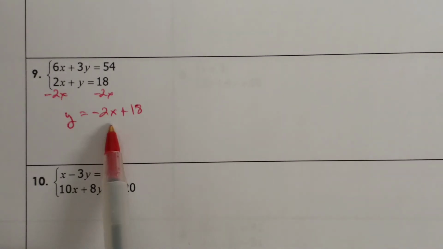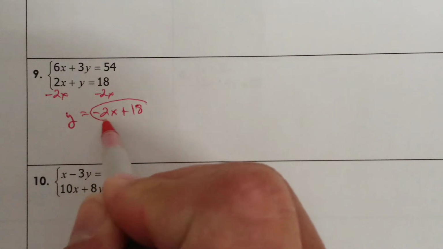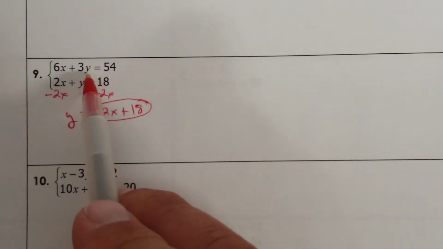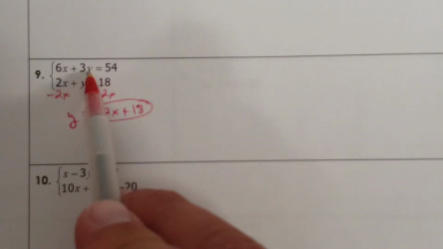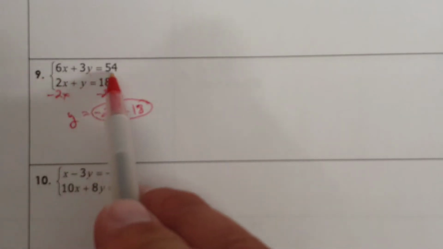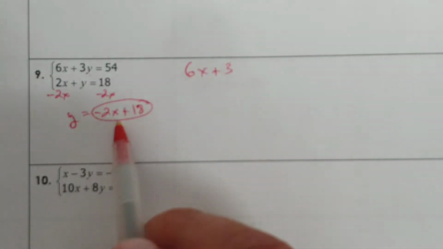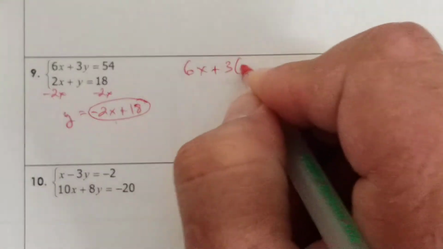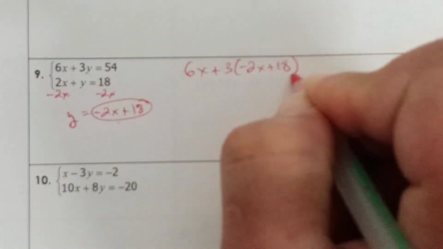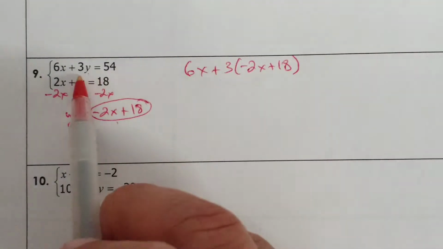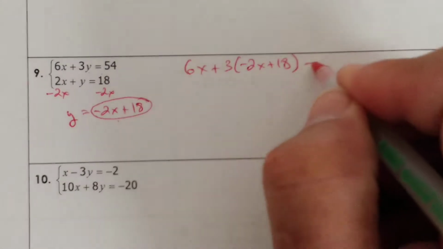So I'm going to take this and go to my first equation because I haven't used it yet, and I'm going to plug this in for y. I'm going to plug it in right there for y. So I'm going to rewrite this equation exactly as it looks. 6x plus 3y, but now I'm not going to use y. I'm going to use -2x plus 18, and then finish it, equals 54.